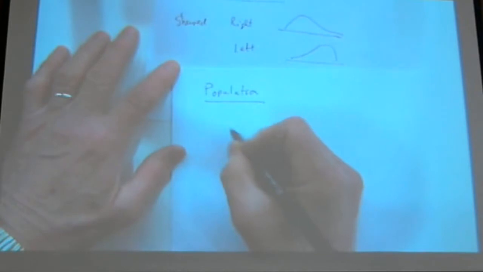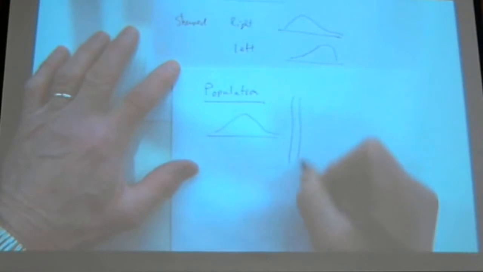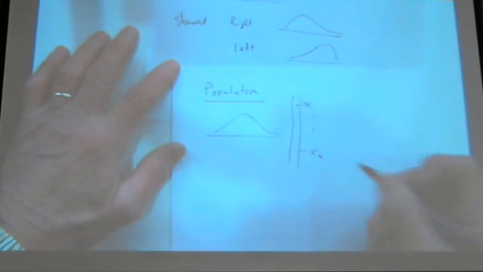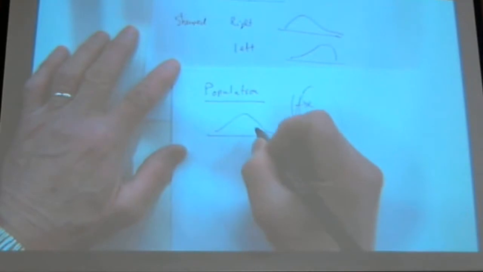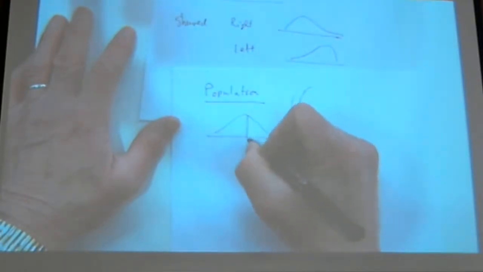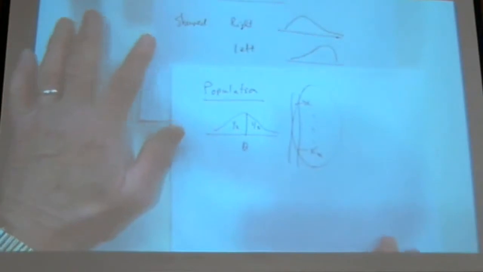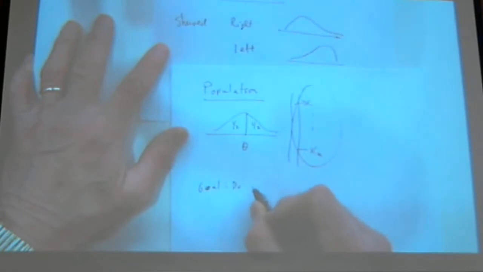So again, we have a population, and we have some distribution here, and it's generating the data. And then we're going to use the data to try to estimate the center. And the parameter we pick on today is the median. So the goal is to find the difference in the median.